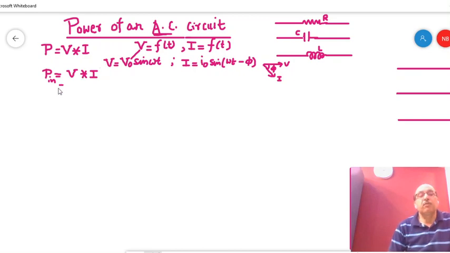So we may put the value of instantaneous voltage V naught sine omega t into I naught sine omega t minus phi.